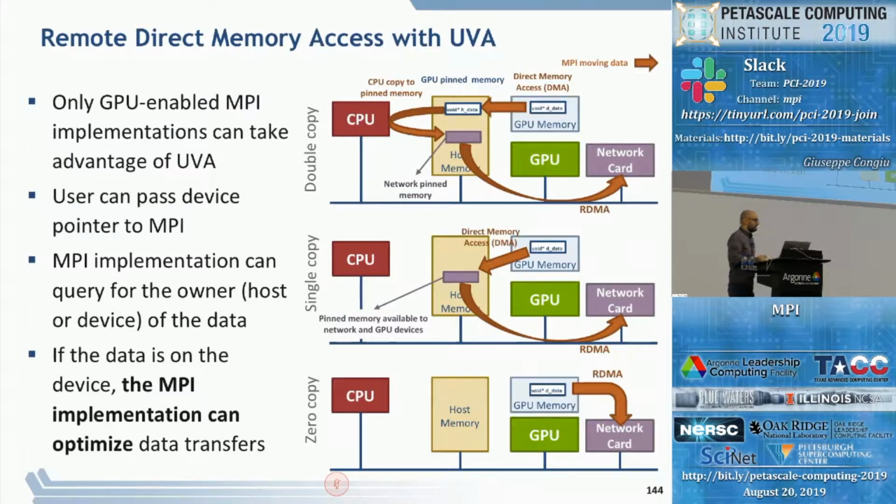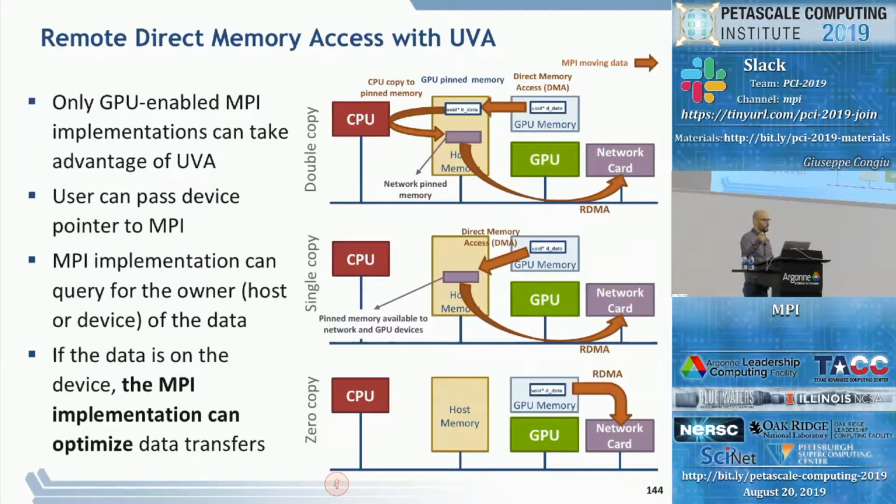So now we have the situation in which we have some data on one GPU memory, and we want to move this data to a GPU in a different node, for example. So if our MPI implementation is GPU aware, it can take advantage of UVA technology to query the pointer that the user passes to the MPI implementation.